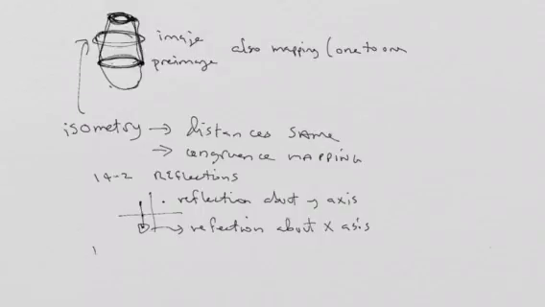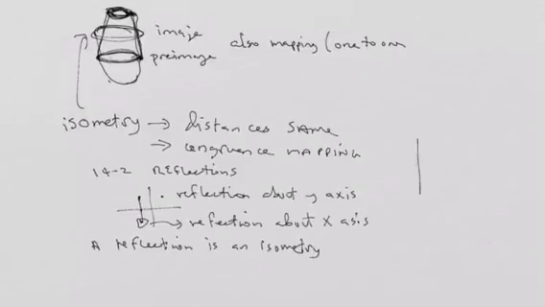And a reflection is an isometry because we kept the distances the same. And then, Monica, we have a couple of examples of reflections. Because you can reflect things about all sorts of stuff.